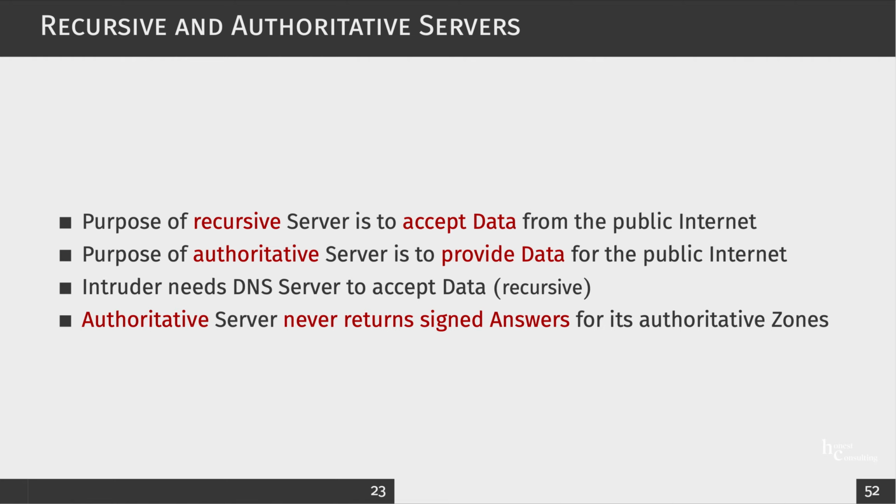If you are familiar with the different flags that you can see in a DNS packet, and when you are using dig, for example, to troubleshoot DNS traffic, you are aware where these flags are displayed, and there is a dedicated flag for authenticated data, and this is a flag that an authoritative system will never provide, because authenticated data means that somebody checked if the answer that was provided is the right one, and this is something that an authoritative system will never do.